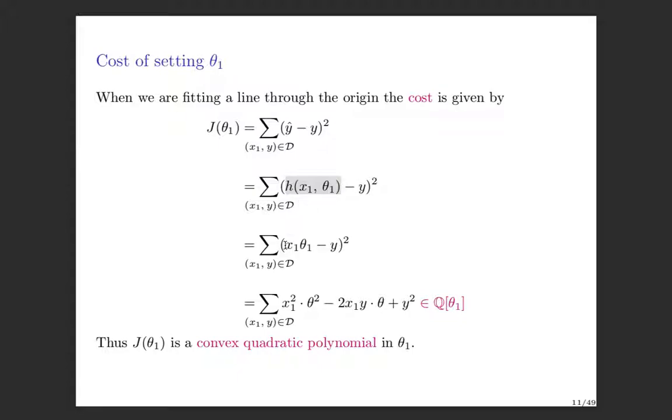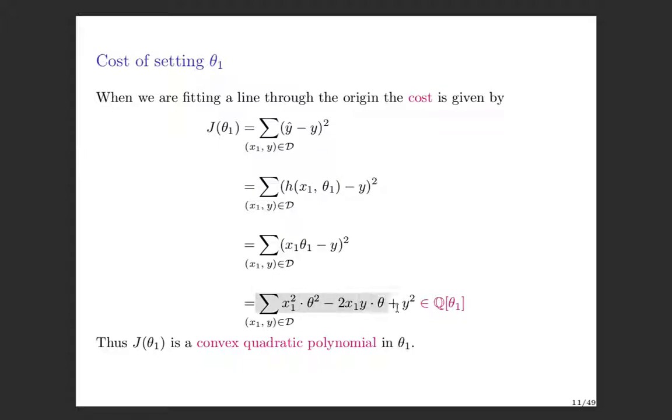So I can replace that hypothesis function with exactly what it is, which is the line through the origin with slope theta 1. If I square this, I'm left with this expression. Now, I don't really care about this deduction. The only thing I want to demonstrate to you is that in this case, the cost function is a quadratic polynomial in theta 1. Can you see that?